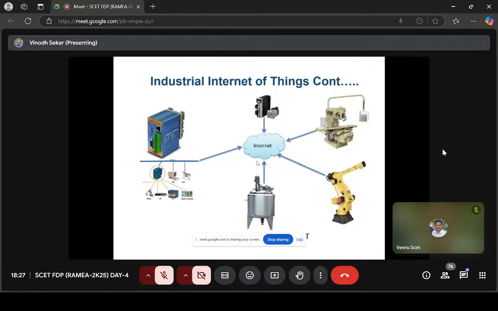These entities have to be coordinated, and accordingly IoT and industrial IoT help us in a big way in terms of remote monitoring and remote diagnosis, and also troubleshooting, in many of the maintenance and condition monitoring applications. They help us in a big way.